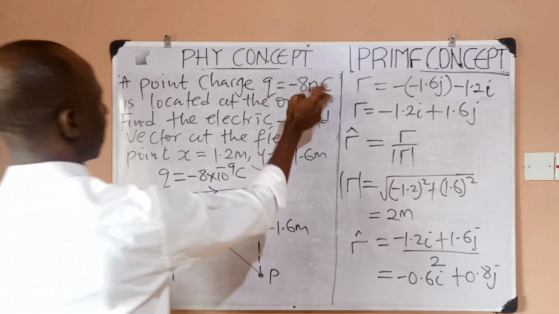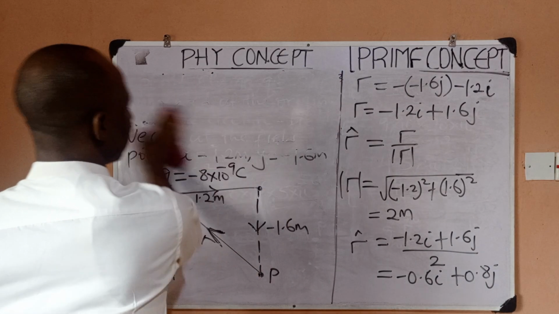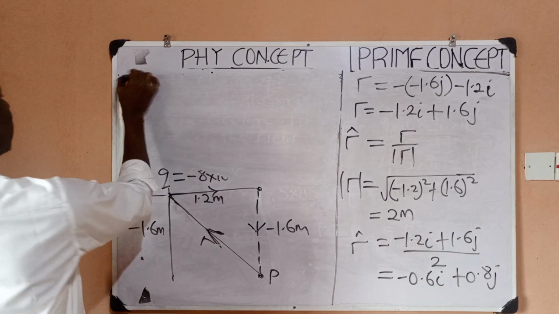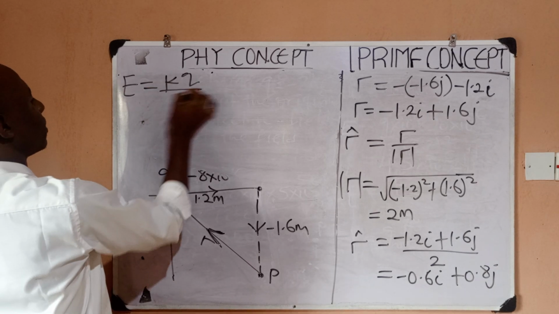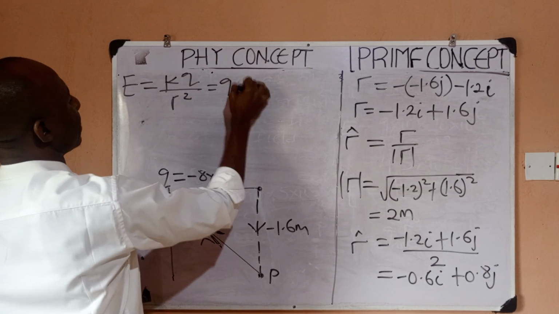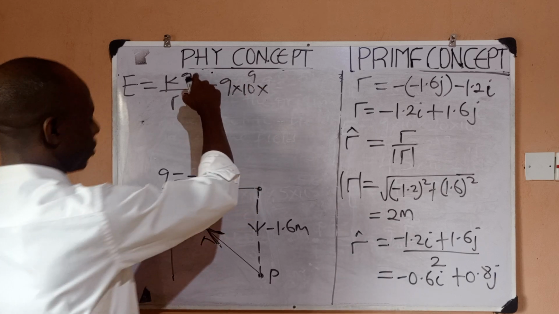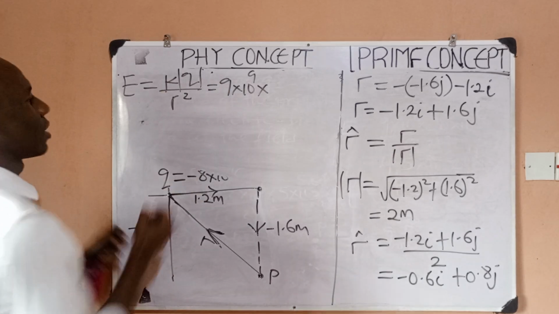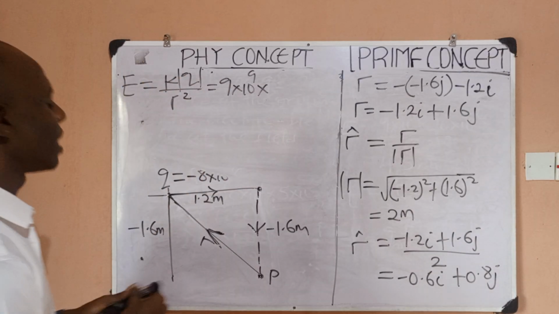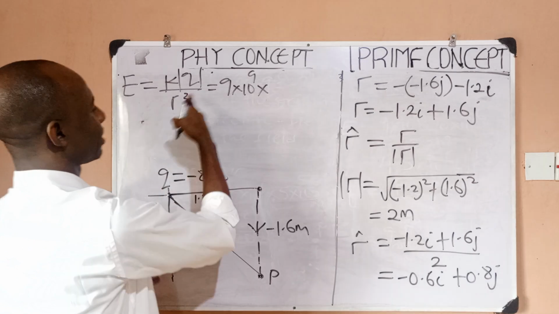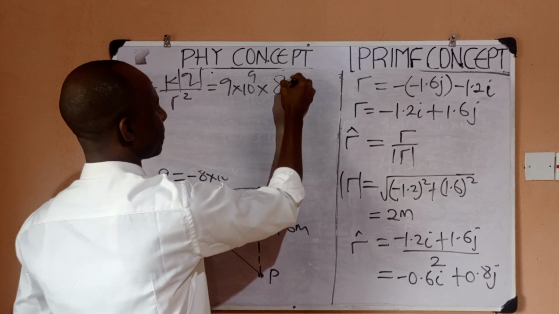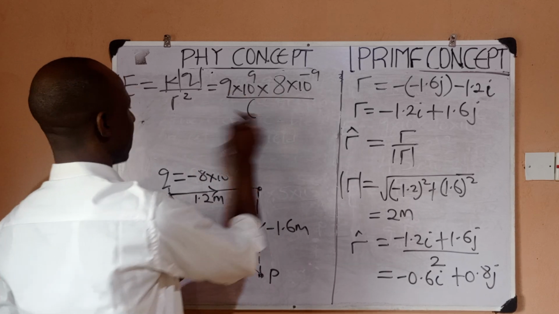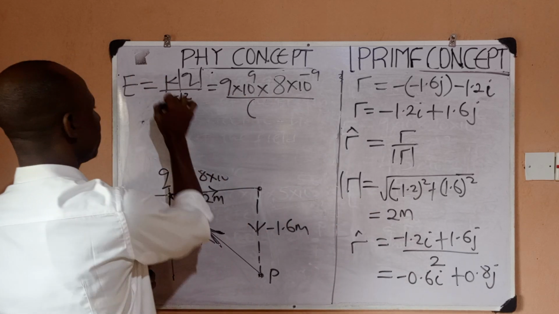Let me rub this part so I can have space. The next thing I want to find is the magnitude of the electric field. E is going to be kq over r squared. So 9 times 10 to the power 9 is k. Q is what now? Remember, you don't consider the sign, since you're getting the magnitude of E before you introduce the direction. So you have 8 times 10 to the power minus 9, divided by R squared.